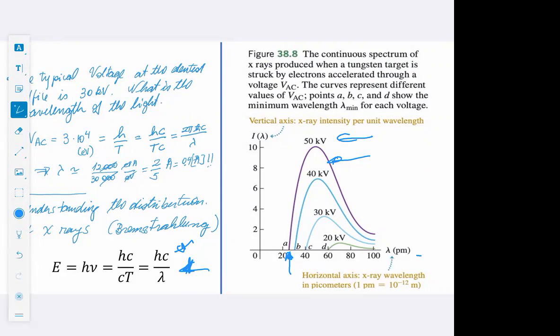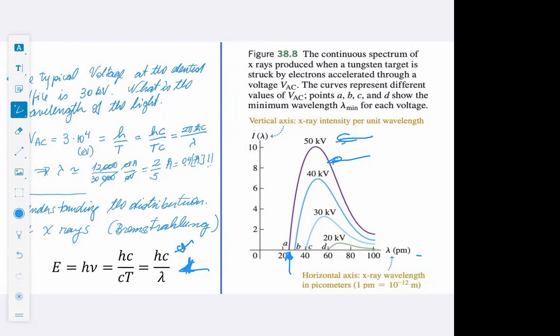This is just done to display it better. I could actually do this experiment all with the same maximum intensity, but there is something that I cannot modify. And what I cannot modify is the lowest wavelength of each one of the graphs. Remember that the lowest wavelength means the highest energy.